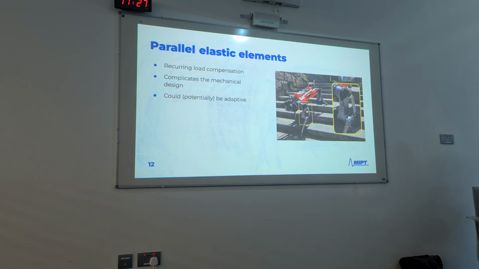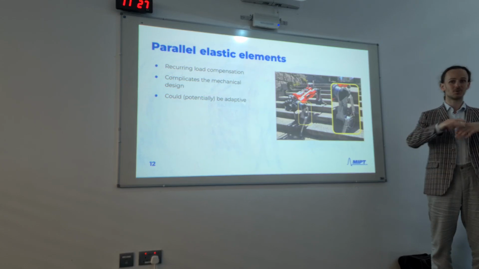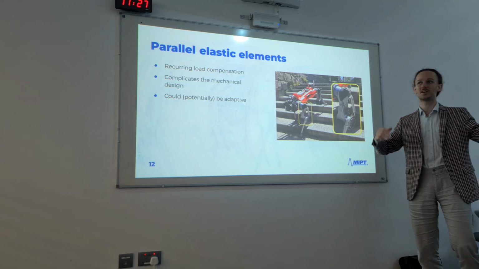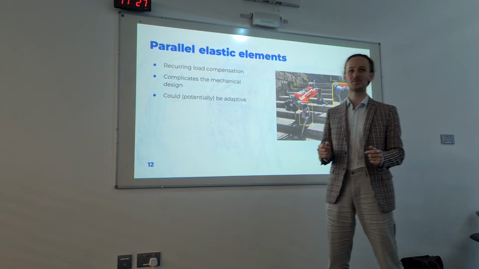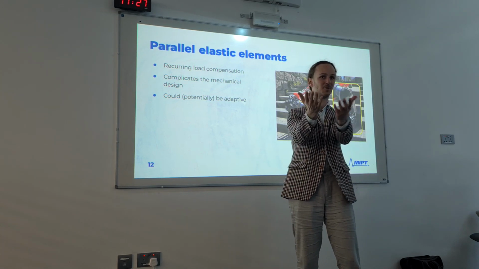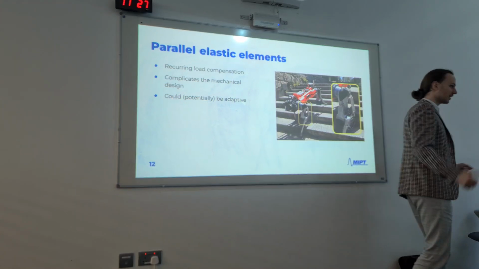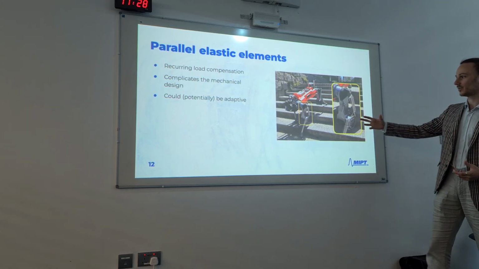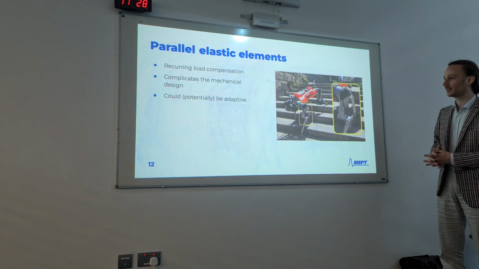And the cool thing is that they did it with a mechanical device, because there's an overflow of papers with fancy reinforcement learning stuff, like we trained our neural network on 10 GPUs for 2 months, and now behold our 1.5% improvement. There's a ton of papers like this, and this paper is different. People put some thought into it, and they found the optimal parameters of the spring. They made it mechanically, and it's a passive element.